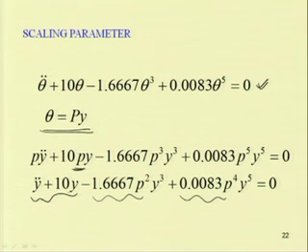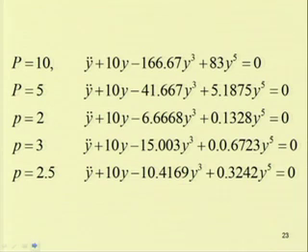So, let us take different values of p and check how the equations look. For example, taking p equal to 10, this equation now becomes y double dot plus 10 y minus 166.67 y cube plus 83 y to the power 5 equal to 0.